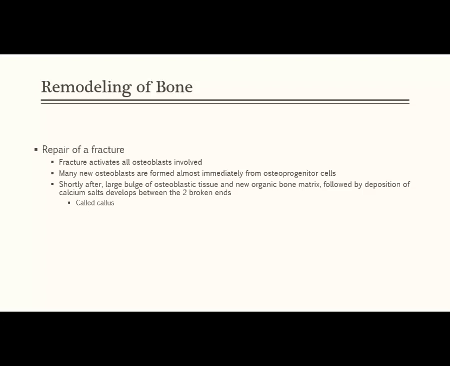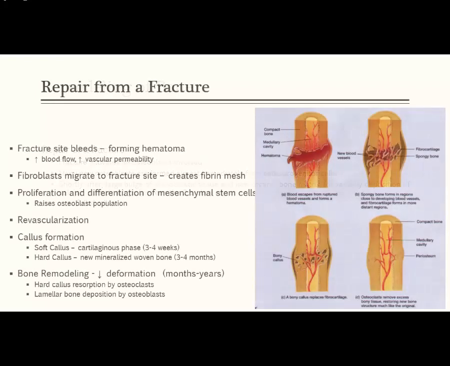So you have a bulge of tissue that's the osteoblasts and the osteoid, the new organic bone matrix, and then you get deposition of calcium salts, and this bridges the two broken ends and is called a callus.